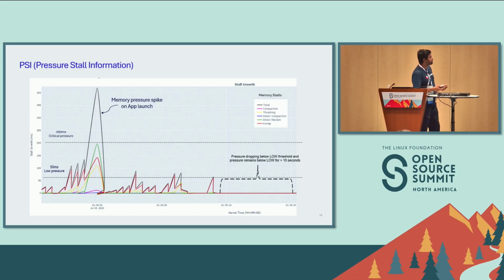So this is a nice real-world representation of your process stall going up and down. Once you run a use case, your stall goes up. We can monitor that, and then an event can be generated and given to the user space, and the user space can decide what to do with it.